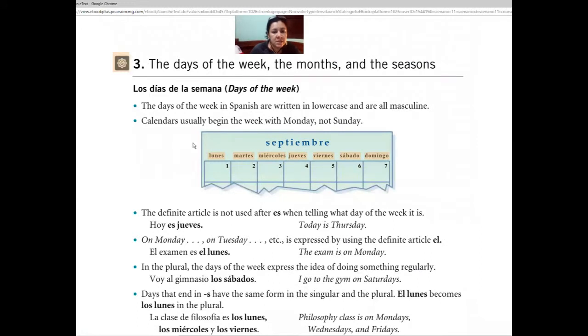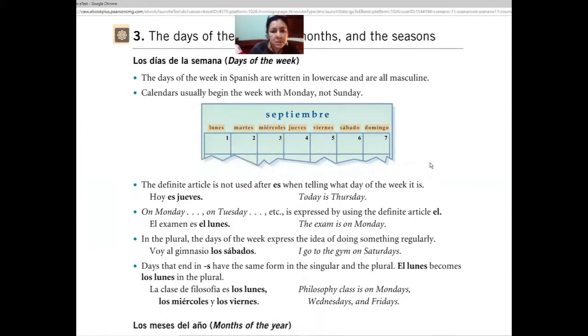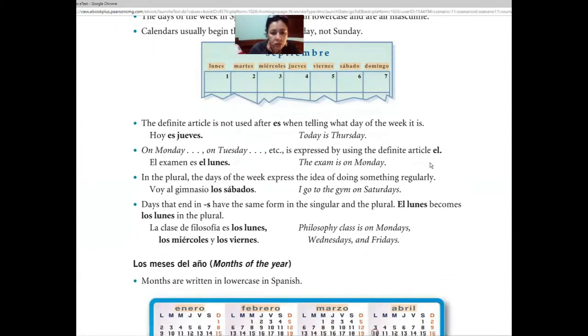and we find days of the week. And yes, if you click, lunes, martes, you have the pronunciation. Miércoles, jueves, viernes, sábado, domingo. That way you get to click on your own on the pieces and practice pronunciation.